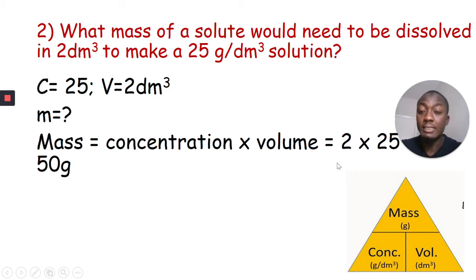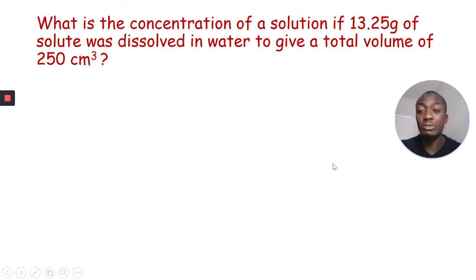Really simple. Now, finally, I need you to pause the video and try this question: what is the concentration of a solution if you've been given 13.25 grams of solute, and it was dissolved in water to give a total of 250 cm cube? That means that is your volume. Try this question by pausing the video. Now, the volume was given to you in cm cube, so you need to convert it to dm cube.